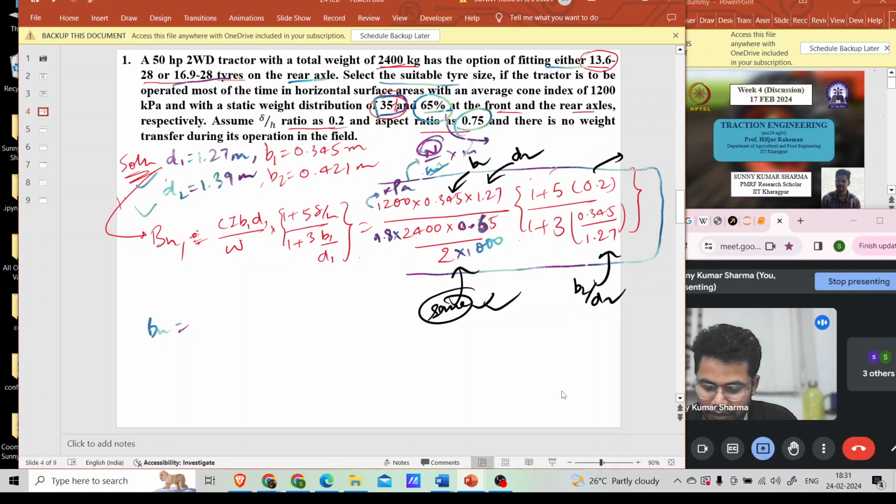What value is coming, Sivaraman? The wheel numeric for the first one I got was 75.80. And for the second, working it out, sir.